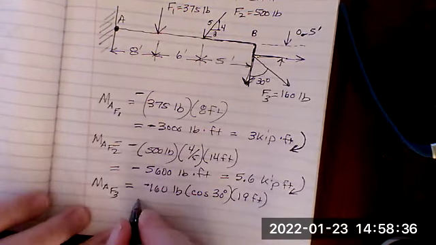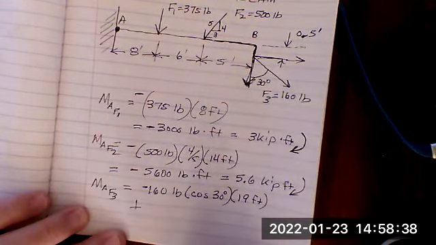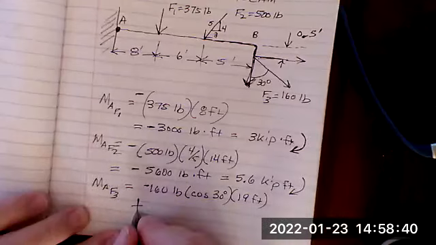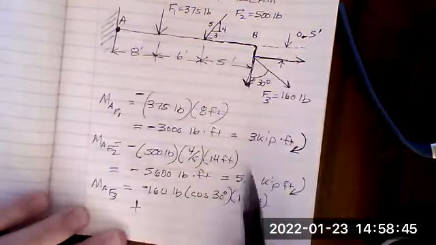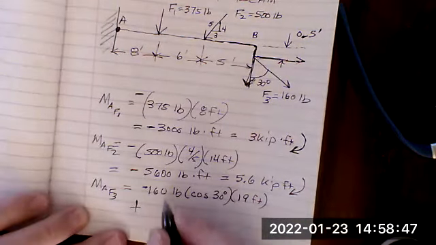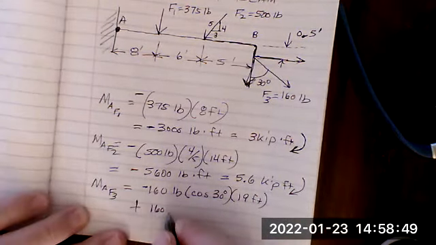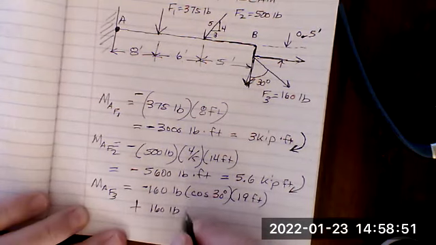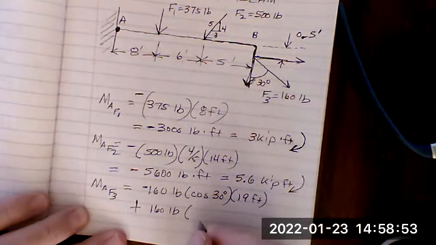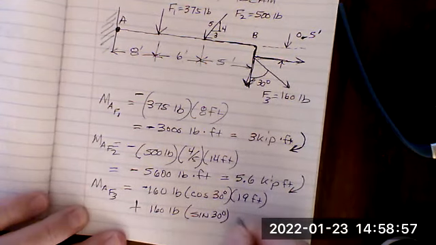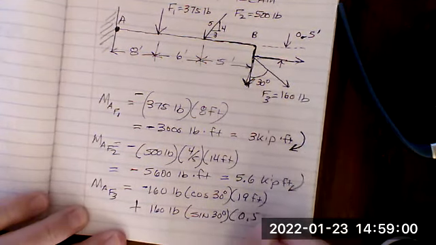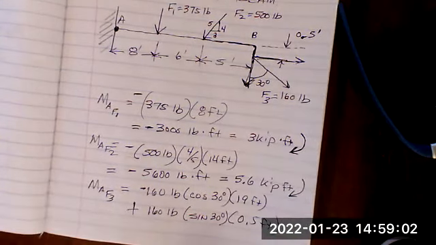So it's going to be plus, because it's causing counterclockwise rotation. So this force here is causing a counterclockwise rotation about A. So it's going to be 160 pounds times the sine of 30 degrees times 0.5 feet, okay?